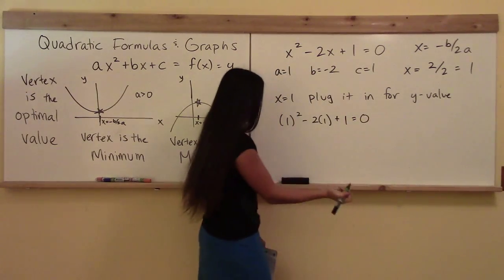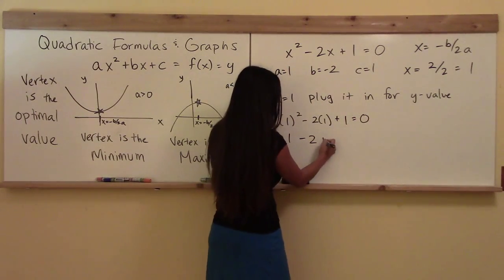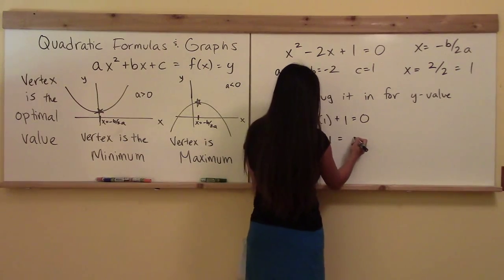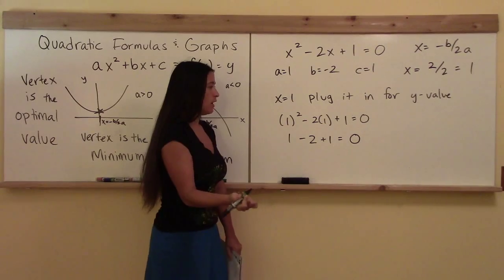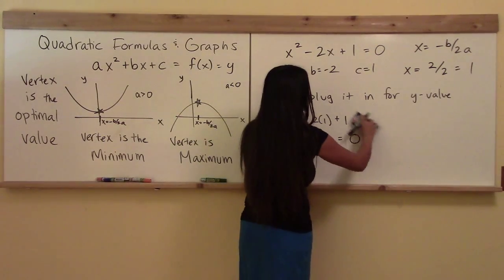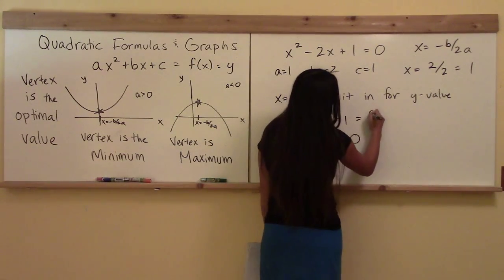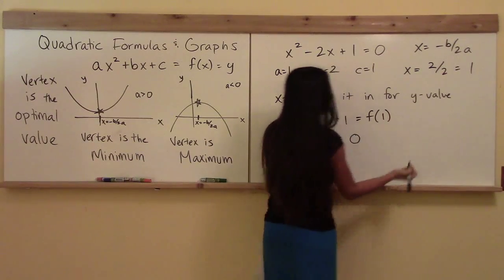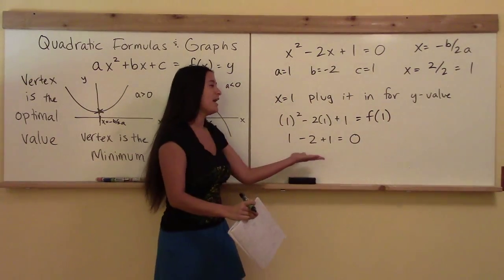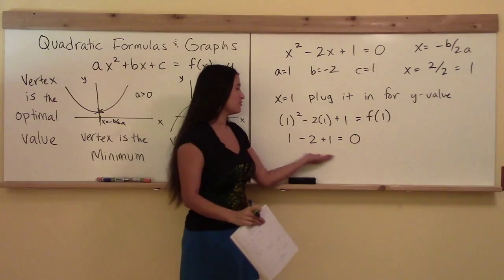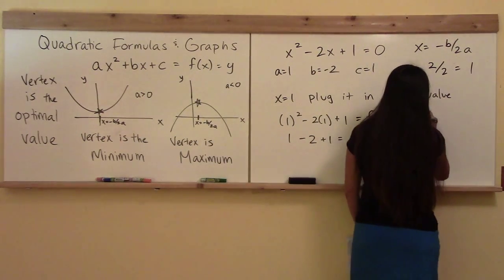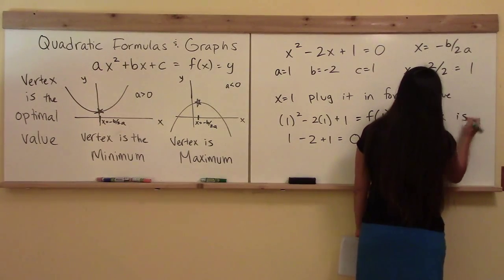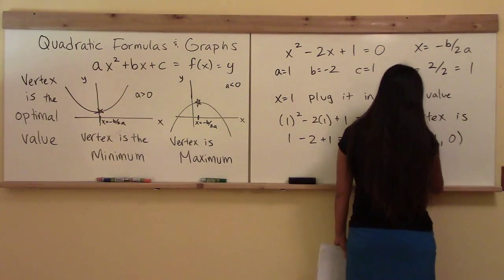Looks like I got 1 minus 2 plus 1, and sorry, you don't need the equal 0 here. I meant that this is equal to f of the value 1. It just turns out that the y value at this vertex is equal to 0, so the actual vertex is located at the x value 1 and the y value 0.